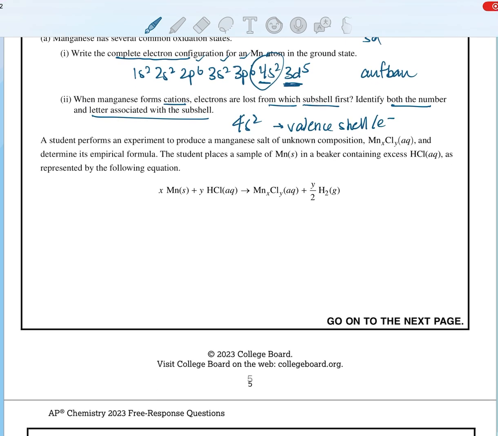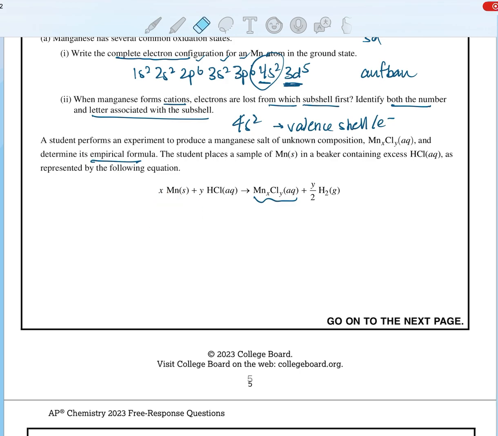Moving on, a student is performing an experiment to produce a manganese salt, with an unknown composition, X and Y for the formula. And we want to determine the empirical formula. So to get this product, what the student did was they reacted solid manganese metal with aqueous HCl.